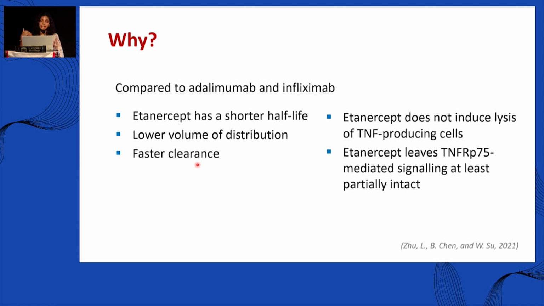For example, etanercept has a shorter half-life, its volume of distribution is smaller and it clears faster, and also there are 2 types of TNF receptors. When it comes to etanercept, it leaves the TNF receptor 2 pathway at least partially open, and it doesn't cause a lysis of TNF bound cells. So etanercept is not an option for uveitis.